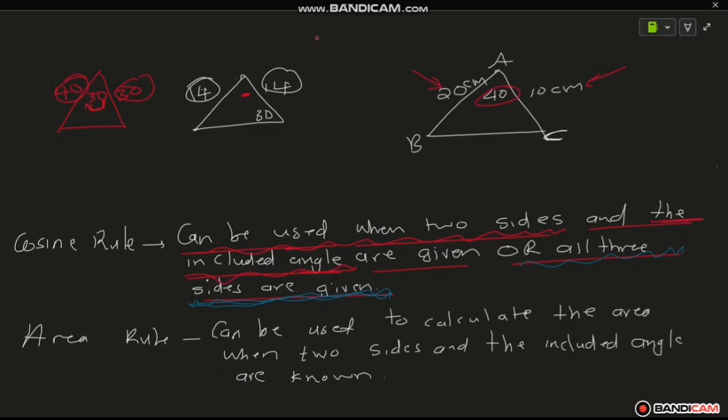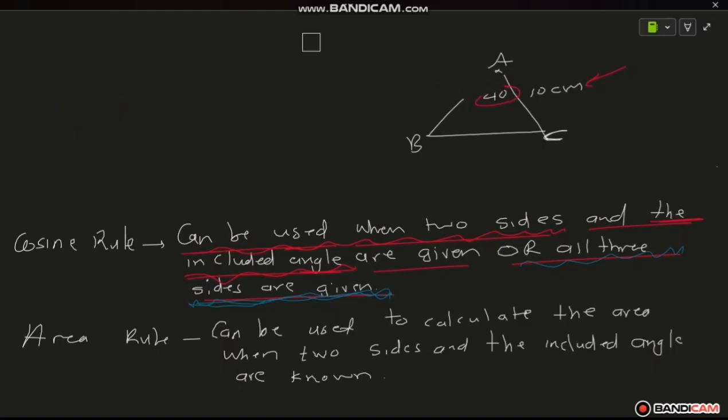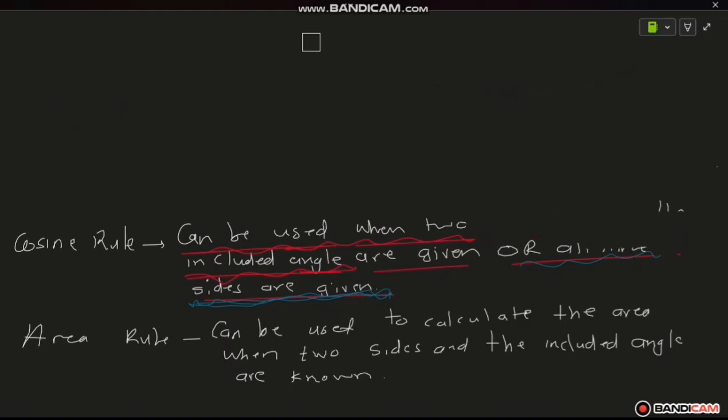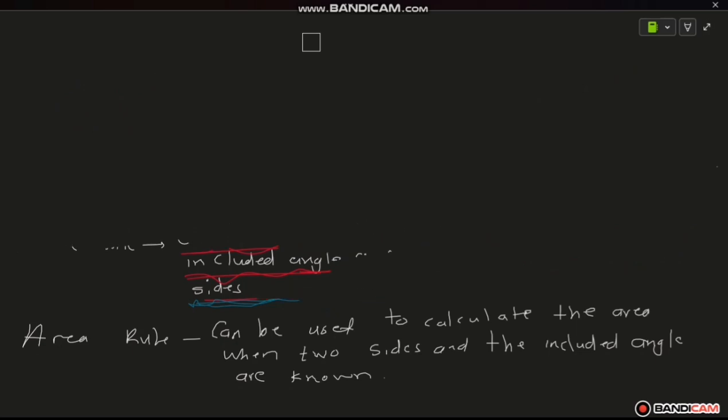Therefore, we can use the cosine rule for those reasons. Make sure that you pause the video and write this down. It's very important for you to memorize these properties or notes. You will see when we start doing activities to check our knowledge.